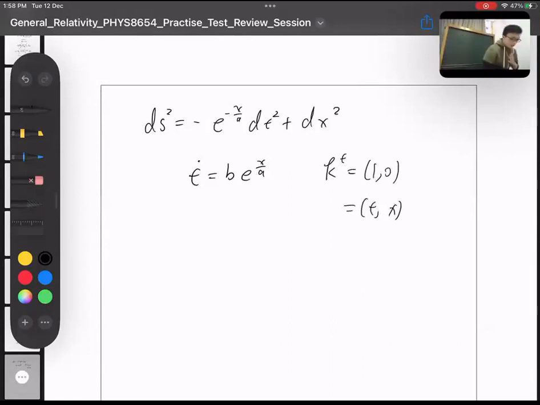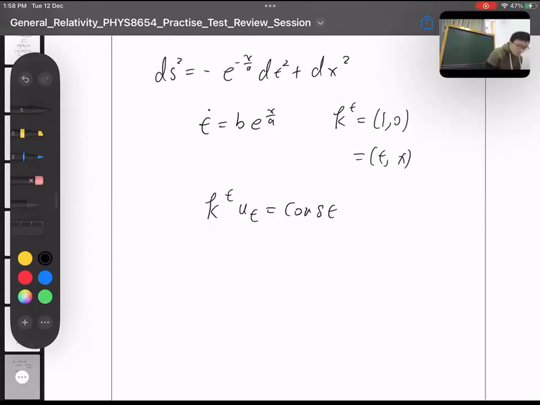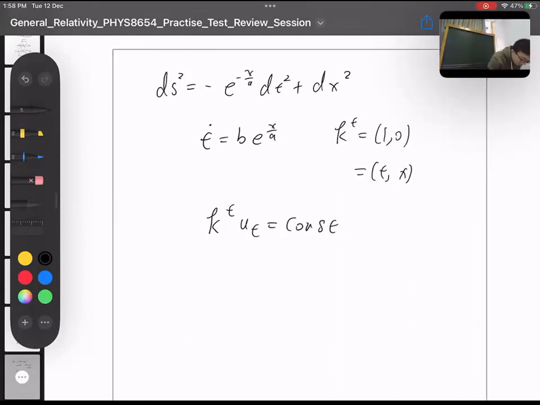So what's an interesting fact is the killing vector is conserved along the geodesic. It's conserved along the null geodesic. So k, the killing vector, times the 4 velocity is always equal to a constant. But remember, we have to be careful. If we want to lower the index, we don't just simply multiply by the Minkowski metric. We have to multiply by the actual metric. So this would be k_t u^t g_tt, we want to raise this index.